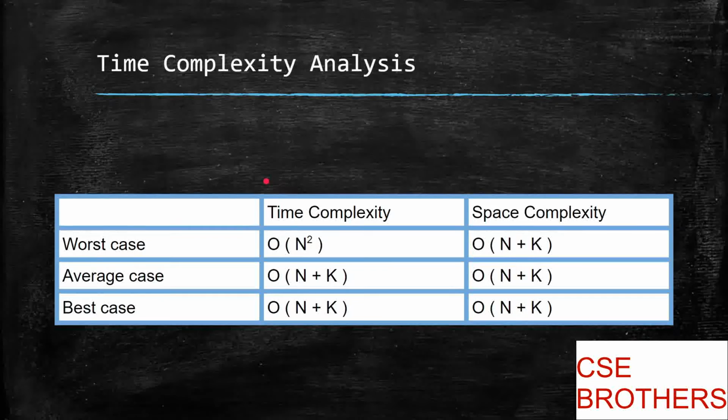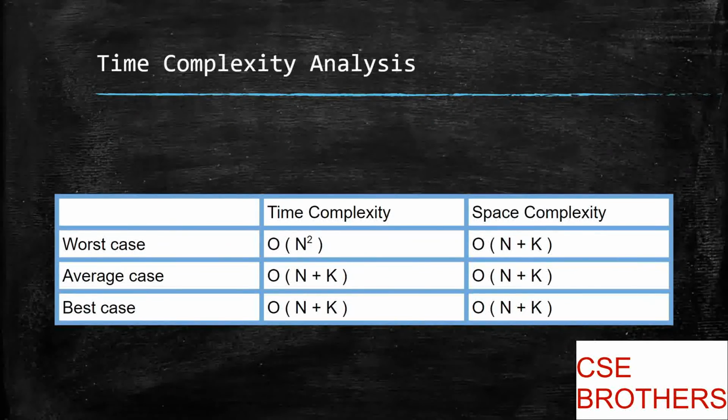In our case, as we are using insertion sort, our time complexity in the worst case would be order of n square. In the average case, to distribute data over all the buckets, it requires order of n time.